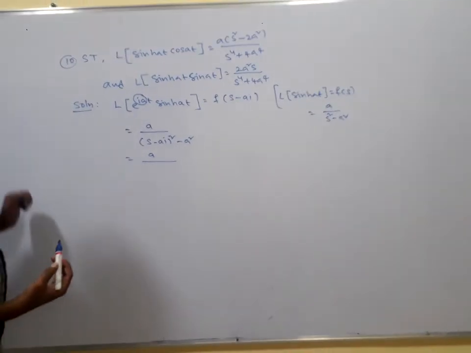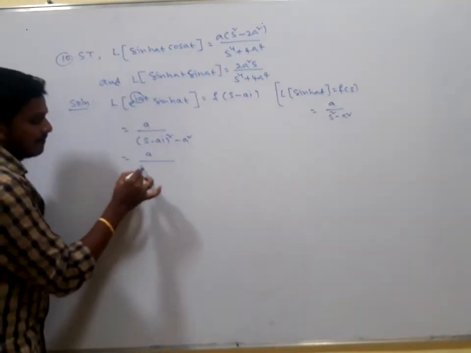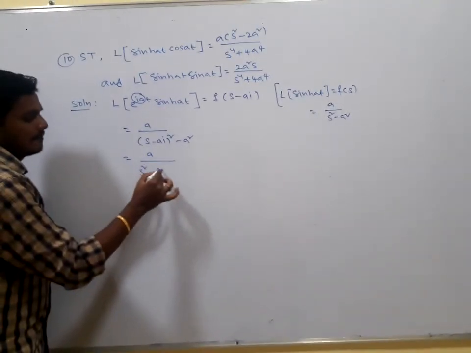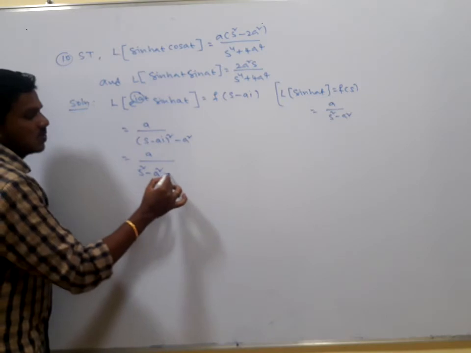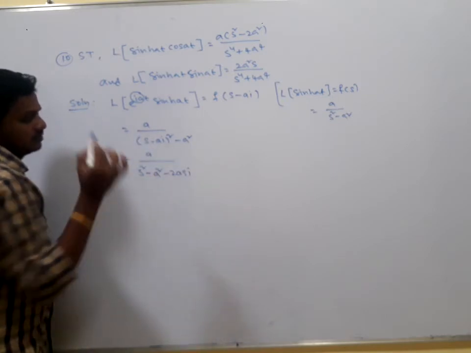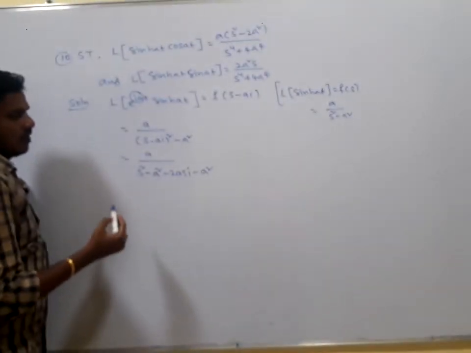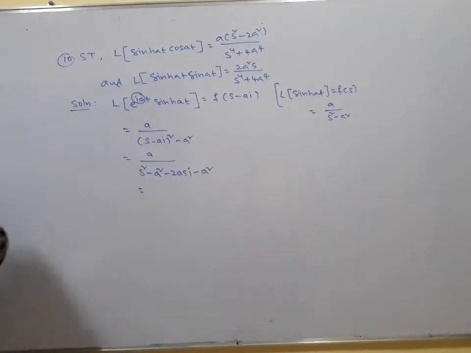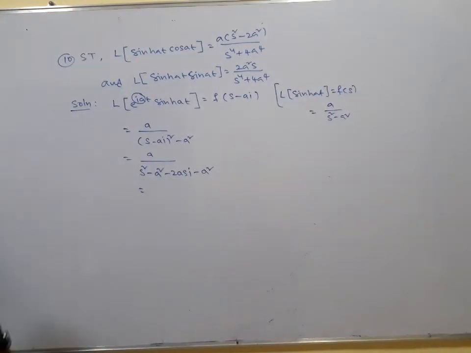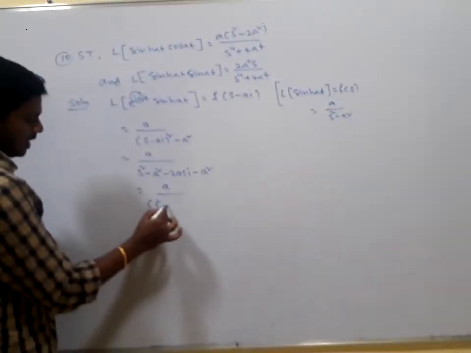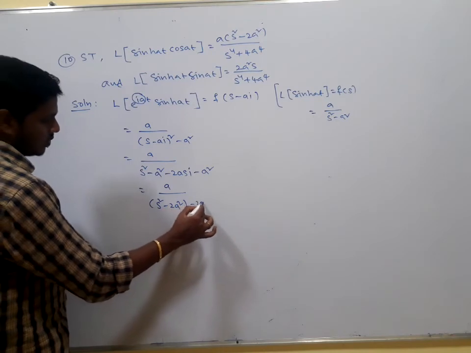So which is a divided by s² + a²i² − 2asi − a², which equals a divided by s² − 2a² − 2asi.